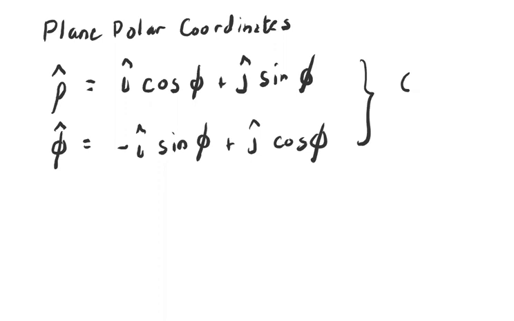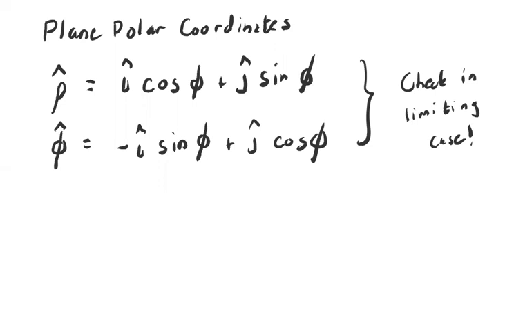Check these in limiting cases. Make sure that if you go back to the original figure we wrote, you prove to yourself that rho hat and phi hat behave the way they should in the two limits, phi equals 0 or phi equals pi over 2.